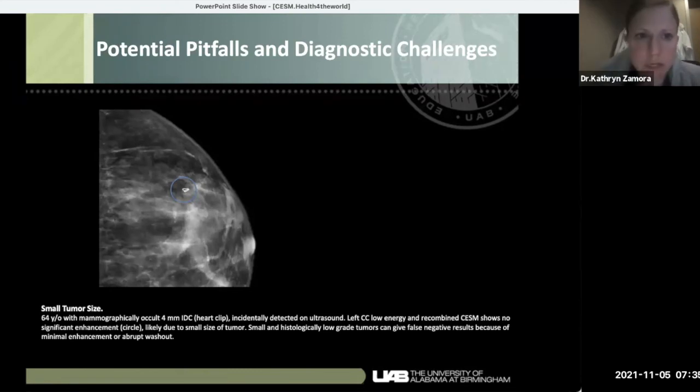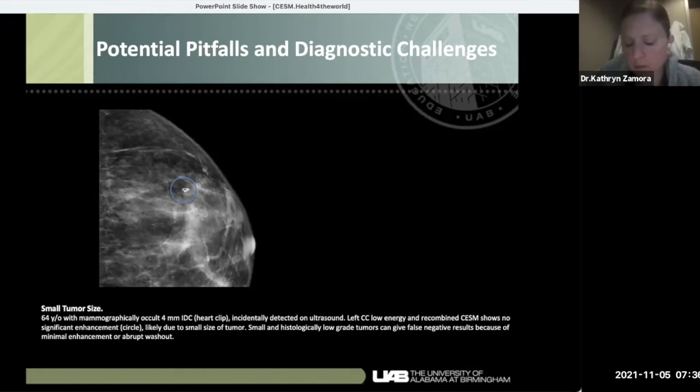This was an interesting case and a potential pitfall of small tumor size. This was a 64-year-old woman who came in for a callback from screening and underwent ultrasound examination. Incidentally, under ultrasound, we found a 4-millimeter invasive ductal carcinoma, which was biopsied.